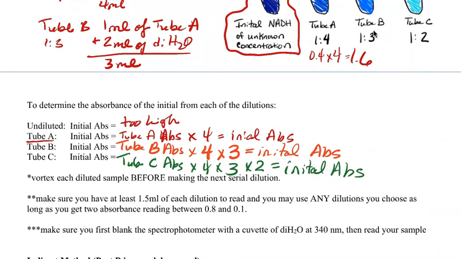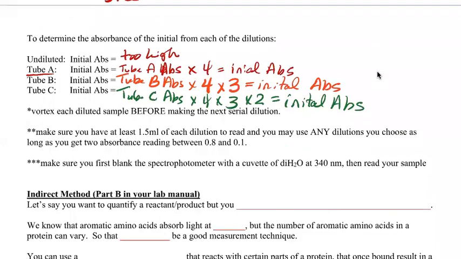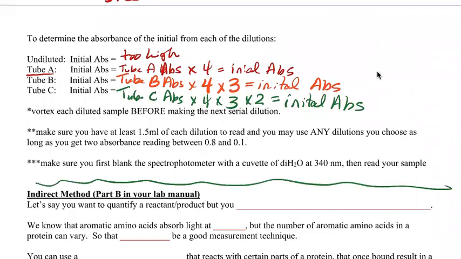You're only picking up from NADH, okay? So that's the first part. This was up above here. This is all part A, the direct method of protein quantification using spectrophotometry.